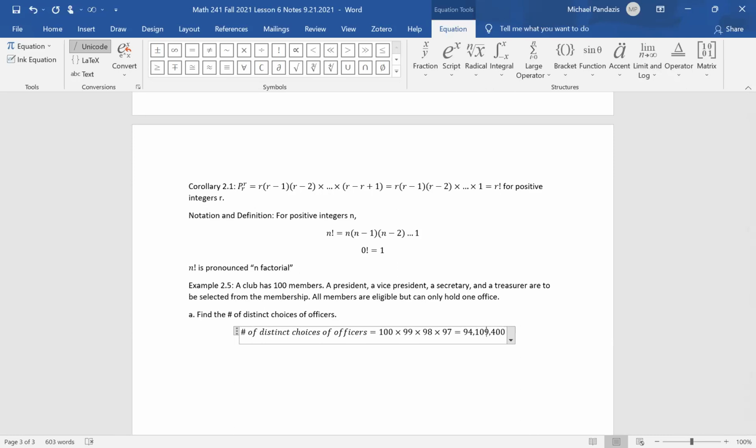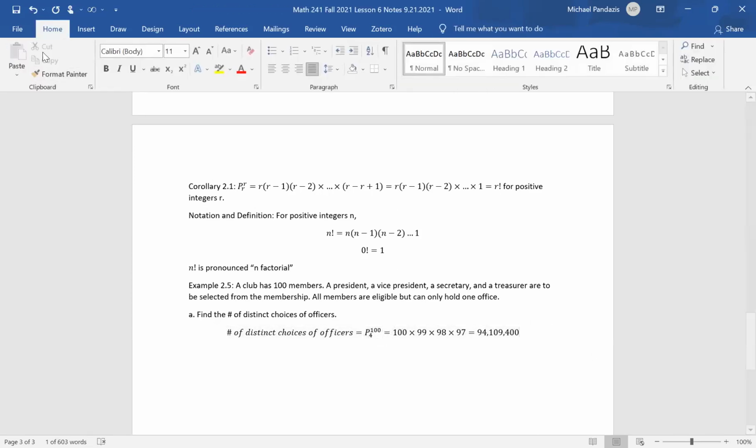94,109,400. Now, another way to think of it is that you could also just go directly to the notation. If you translate this in terms of permutations, then what you want is the number of 4 permutations in a set with 100 elements. You want the number of ways to order 4 things in a set with 100 elements in it, because you want to choose a president, a vice president, a secretary, and a treasurer out of 100 people.